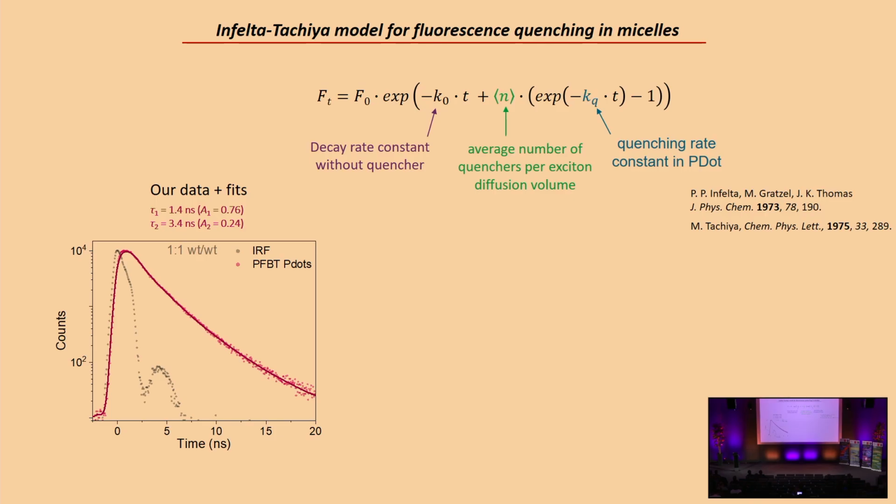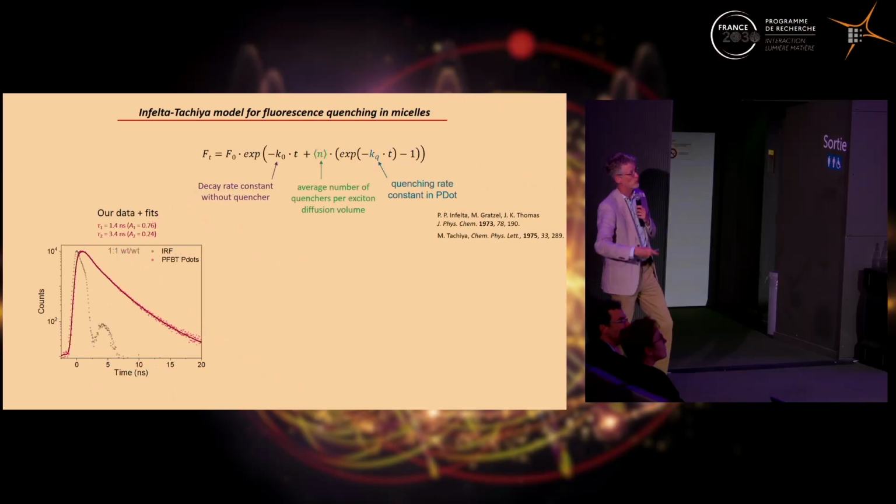It assumes a Poisson distribution of quenchers over micelles, and the lifetimes or the time traces are fitted by this equation where you have the decay rate constant without quencher, the average number of quenchers per micelle, or in this case, per volume that the exciton has time to explore.